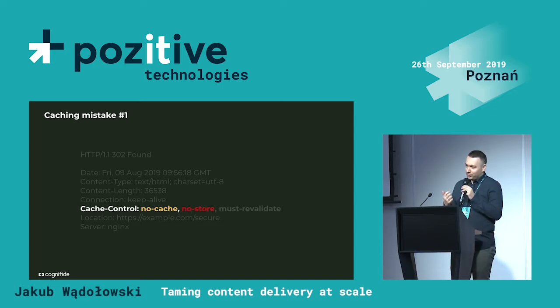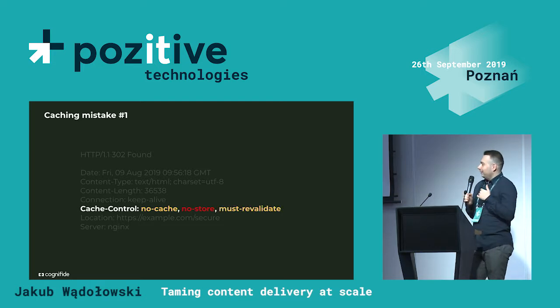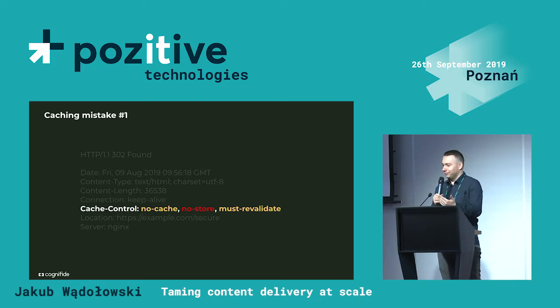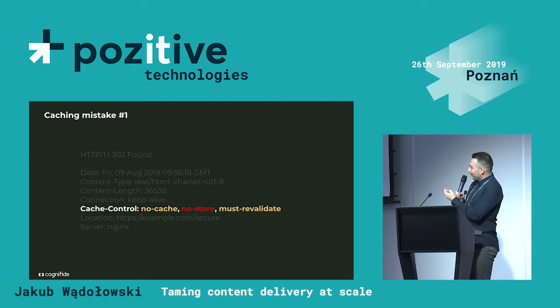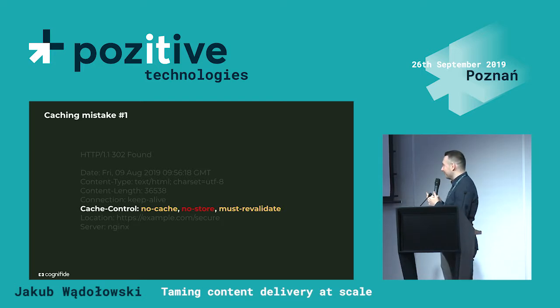The next thing is no-store. This is the natural approach, and no-store means no store. Do not store that object within cache. Must-revalidate implies caching, as if you're about to revalidate something that has to be cached before. So the response no-cache, no-store, must-revalidate says you can cache it, don't cache it, you can cache it, which is completely wrong.